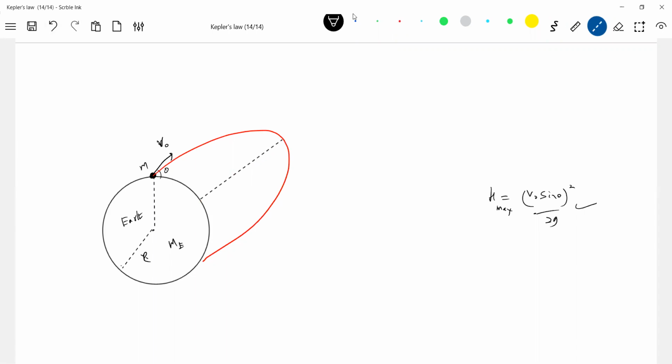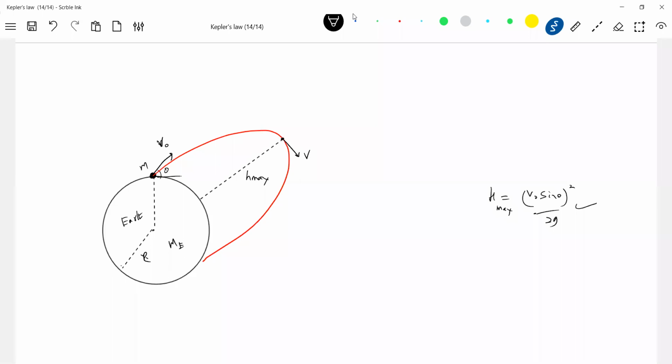At maximum height, how the velocity will be like this. I'm asking this h max. And it is projected at an angle theta with horizontal. How to get this h max?